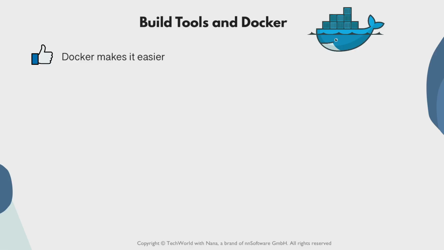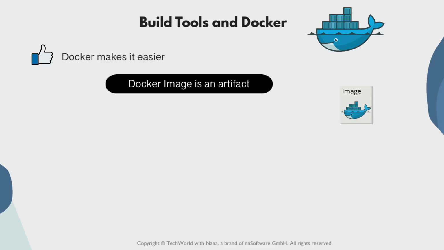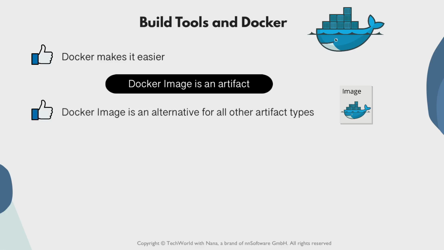You can do it all in one artifact, which is Docker image, which is another point: that Docker image is also an artifact, which means that it is an alternative to all the other artifact types. And instead of each application having its own artifact type, we kind of consolidate it and make it a universal artifact, no matter which technology you're developing the application with.